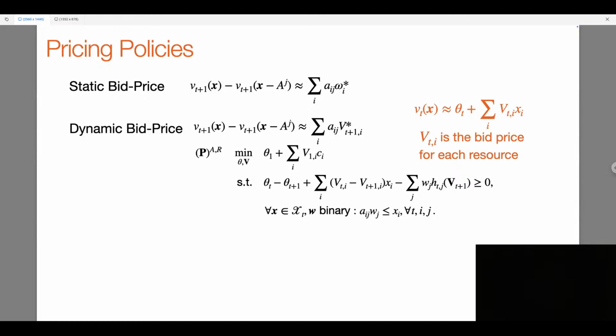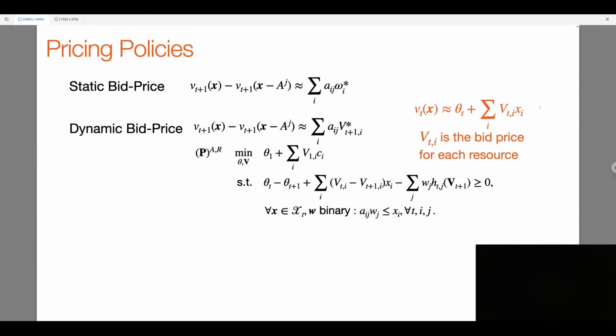We know that the buy price is the marginal price for the resource, and if we take the derivative with respect to x on the left hand side and right hand side, the left hand side denotes the buy price, and the right hand side remains as V_ti for each product i.